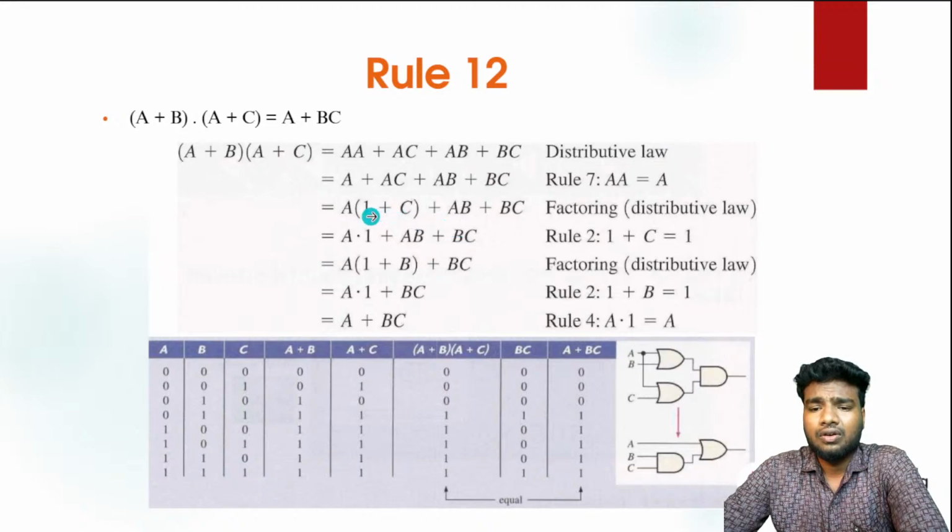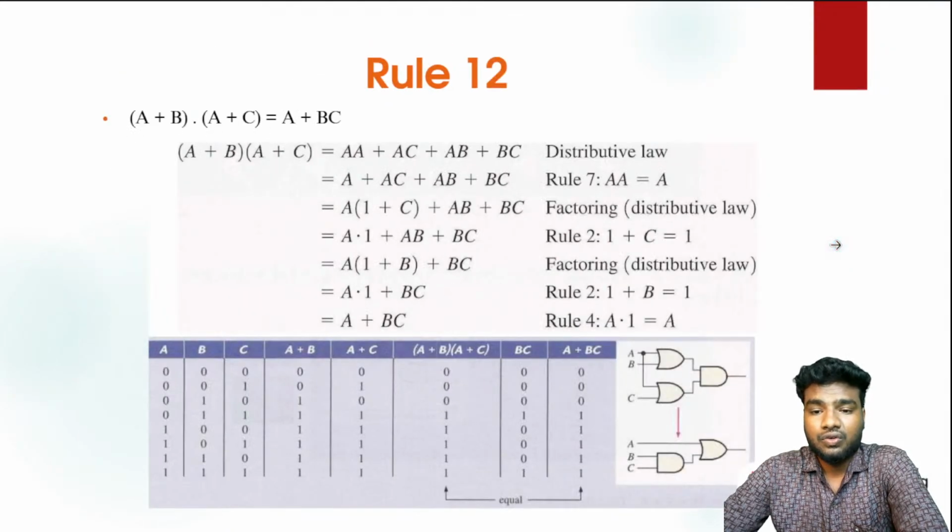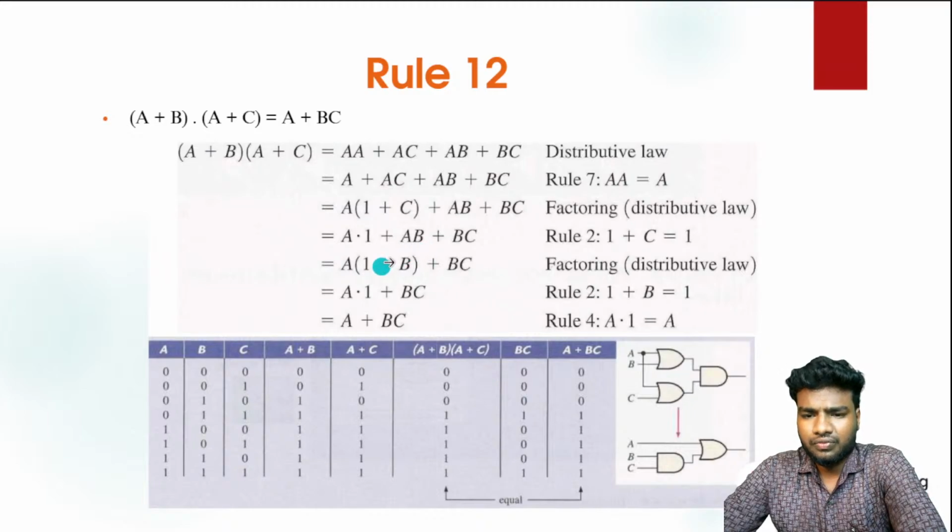After that we know that 1 plus c equals 1, and then 1 into a. So 1 into a means what? a into 1, I will write as a. So just write a, and then here I'm taking it like this way: a of 1 plus b, and then bc, and here 1 plus b means 1.